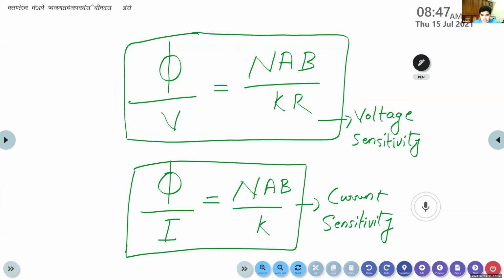Area of cross section. Okay, only on area of cross section? No, ma'am. Number of turns. Number of turns of the coil. Magnetic field. So from this equation, we can make another conclusion.